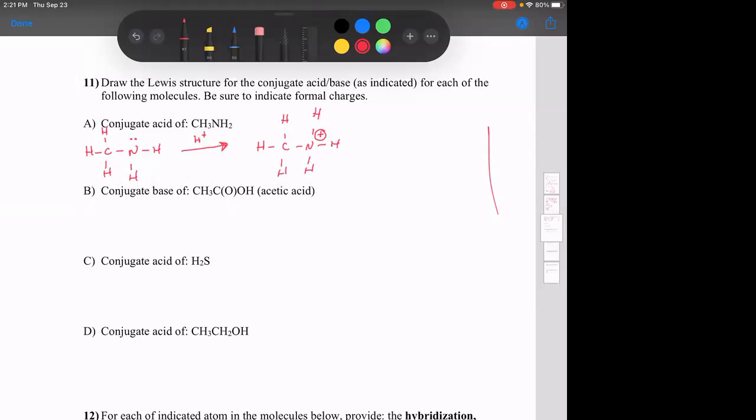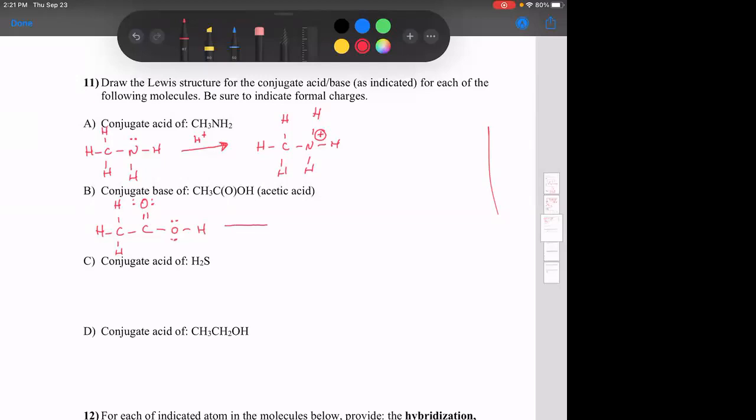Acetic acid, this one's a little tricky because of the way the formula is written. You have a CH3, and then that carbon with an O in parentheses indicates a carbonyl. And then we have O, then H. We put our lone pairs on our oxygen atoms, and it's asking for the conjugate base.